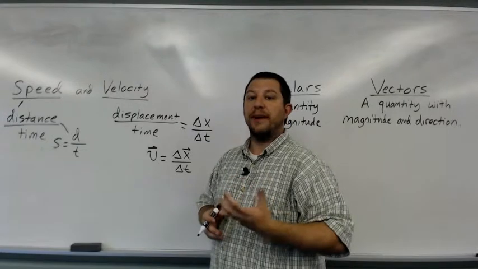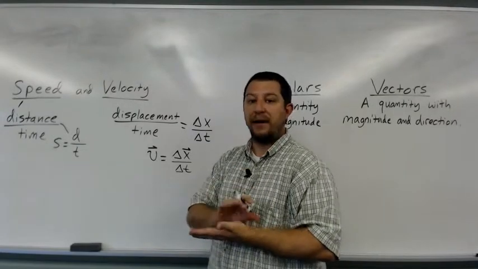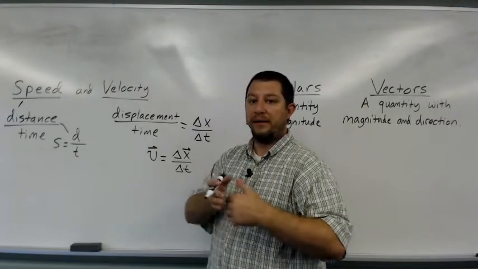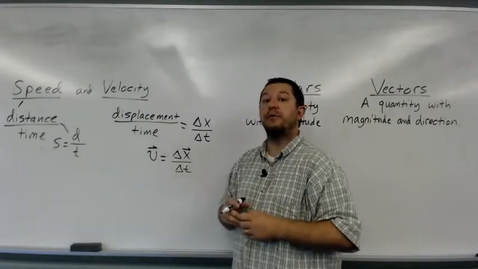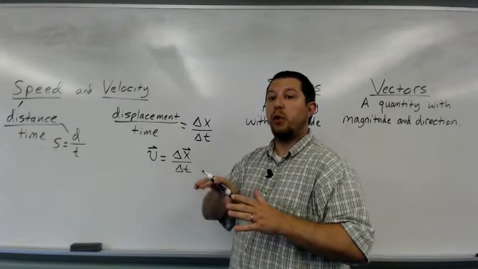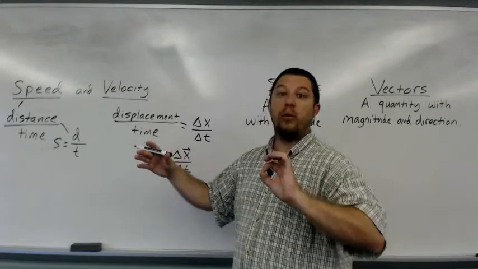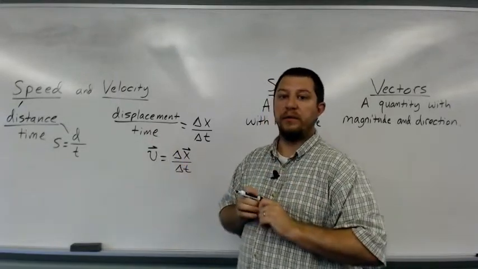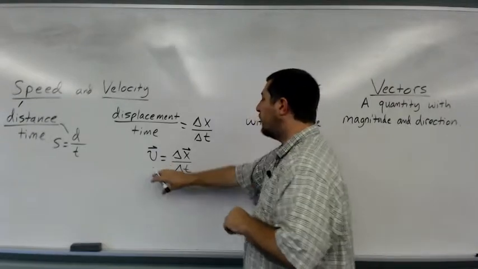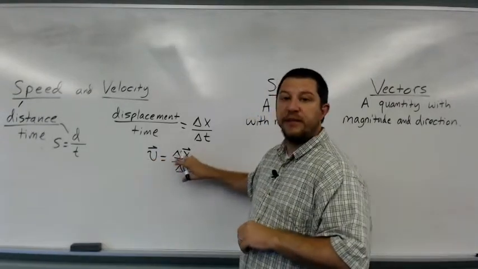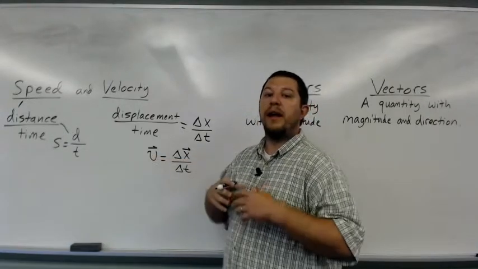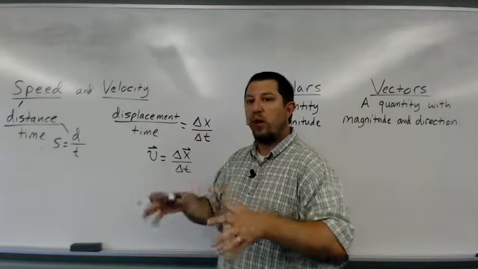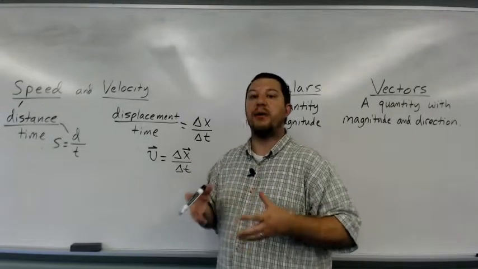So displacement includes both the magnitude of your distance from your beginning to ending point, and the direction at which your ending point points away from your starting point, okay? So if displacement is a vector, then that means that velocity is also a vector.